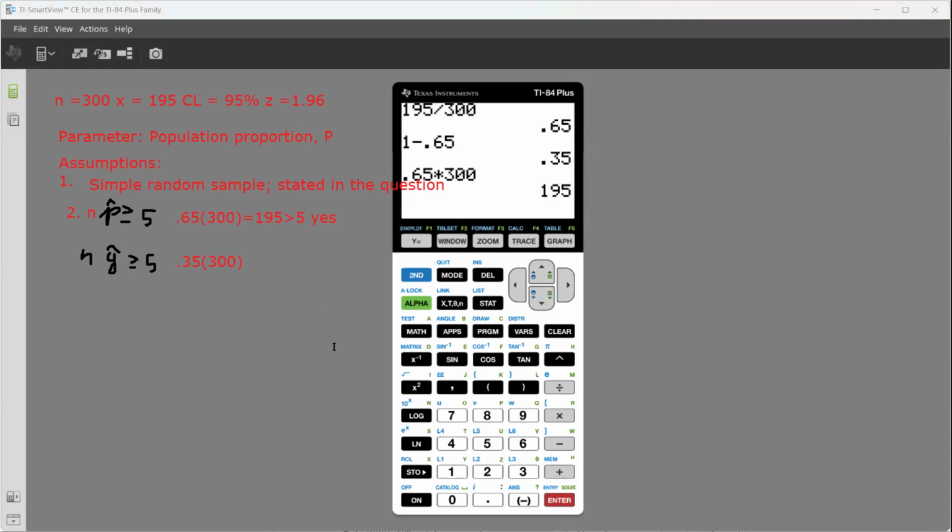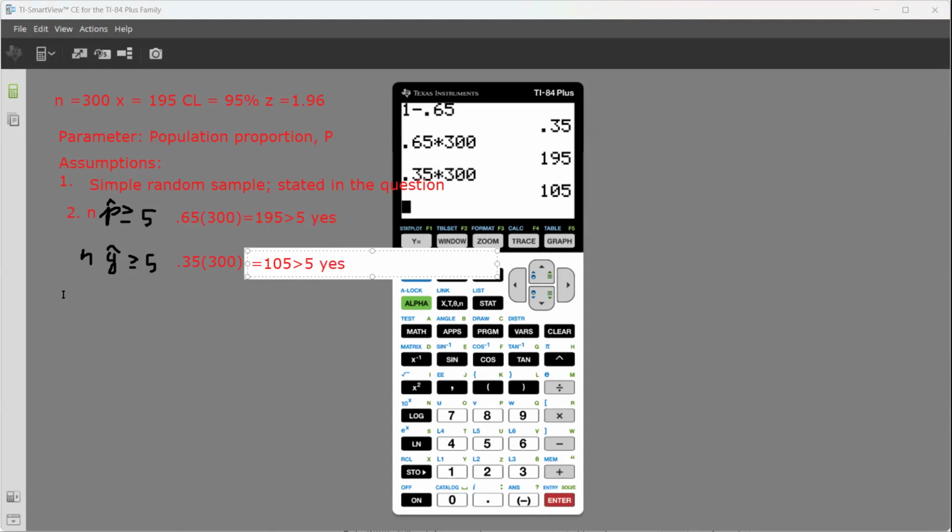This answer, let's go to the calculator. This answer is 0.35 times 300. So this is 105. And that is also greater than 5. So that means this is a yes.